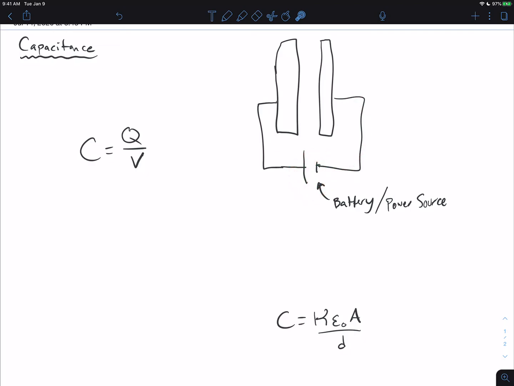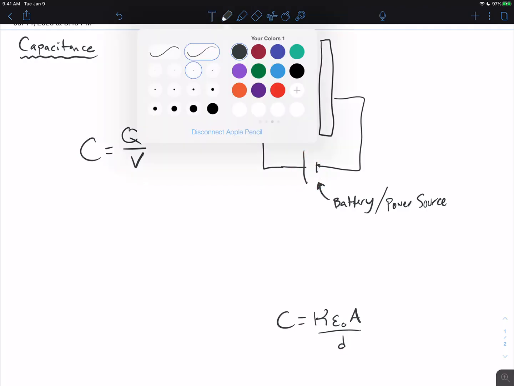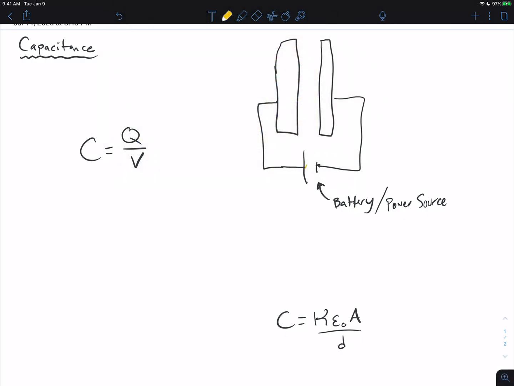And this power source is hooked up strangely to these two plates that are parallel to each other, okay? I'm going to use this symbol a lot for a power source. If I hook this up to some power source here, and current will want to flow, right?